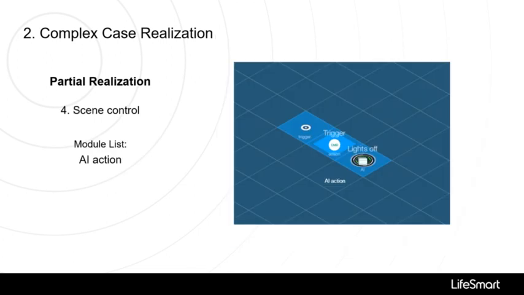And fourth part, after we have designed the scene to turn off the lights, we can use the AI action block to trigger this scene. We can use the AI action block to trigger a scene, or to start an AI, or to pause an AI.